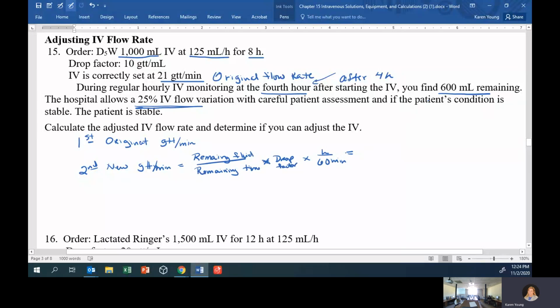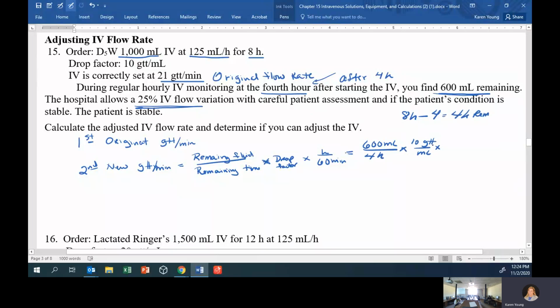For this one, our remaining fluid is 600 milliliters, because that's what is in the IV bag. For remaining time, it's supposed to flow for 8 hours, and I'm after the 4th hour, so I have 4 hours remaining. So I divide by 4 hours. We're still using the same IV tubing, so the drop factor is 10 drops per milliliter.